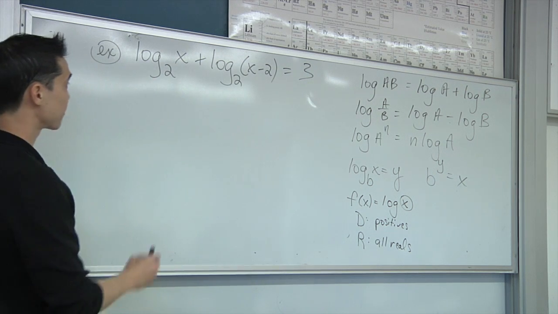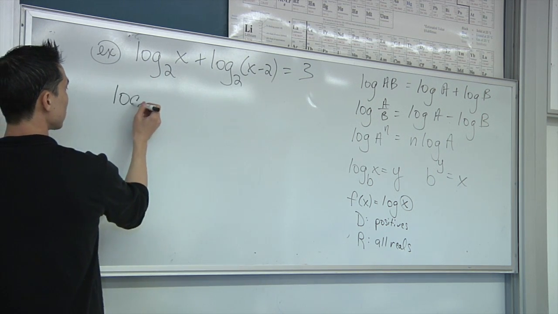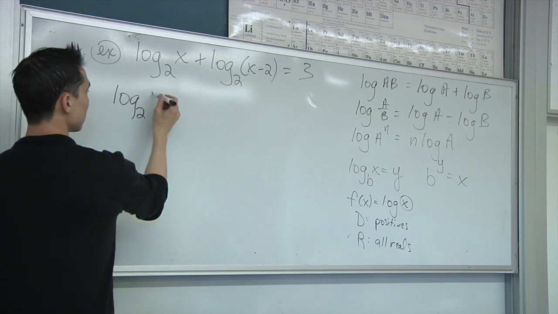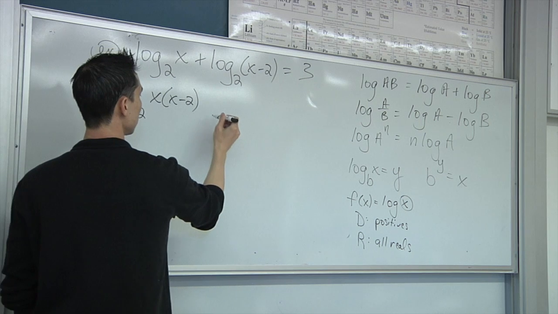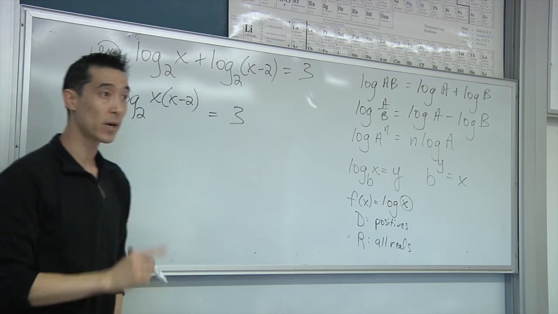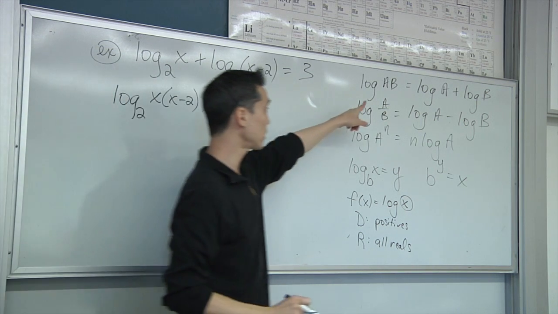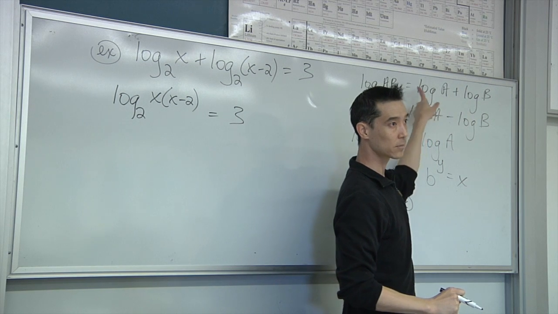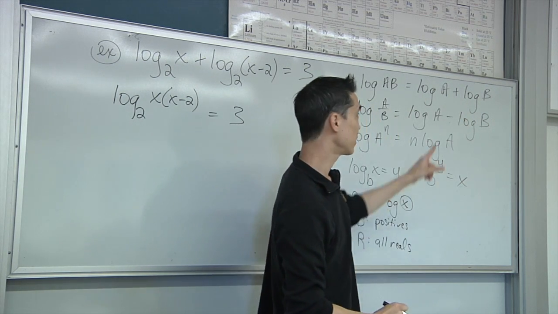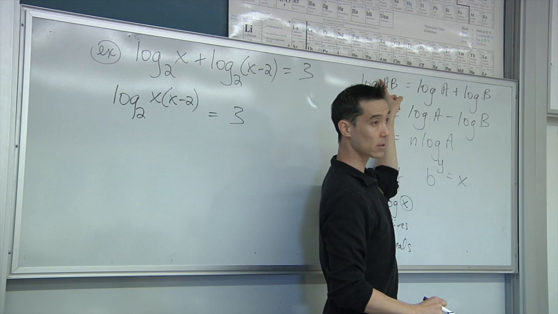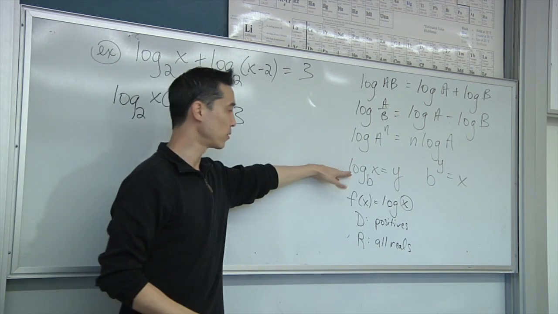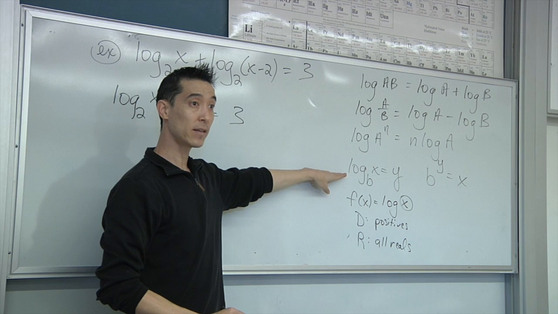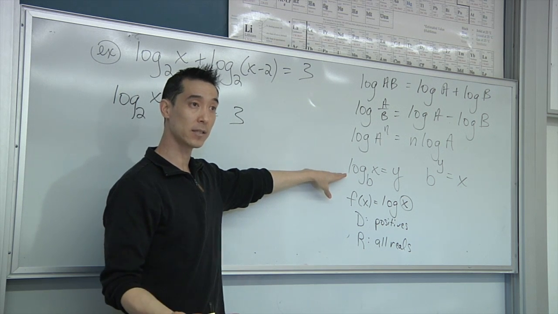Tell me how to rewrite that. Log base 2 of x times x minus 2. Great. And that is equal to 3. That's property number one: the log of a product is the sum of the logs. Of course, I use it in this direction: the sum of the logs equals the log of a product. Now, let's rewrite this in exponential form so I don't have the log sitting there anymore.